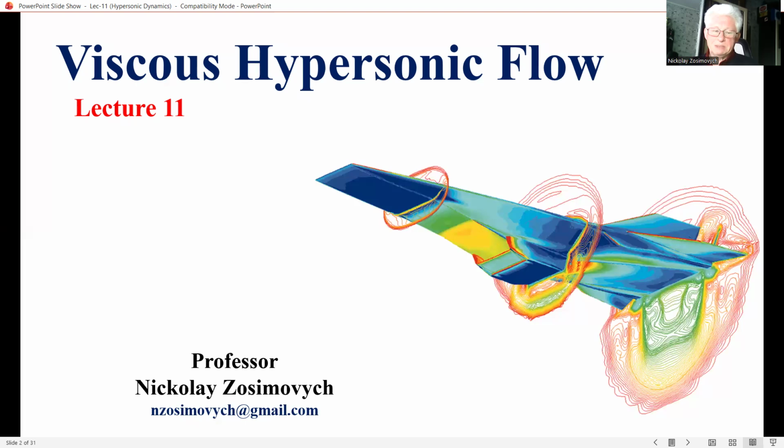In dealing with inviscid hypersonic flow in previous part, we examined the question, what happens to the fluid dynamics of an inviscid flow when the Mach number is made very large?